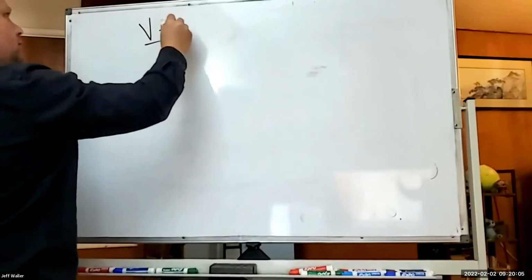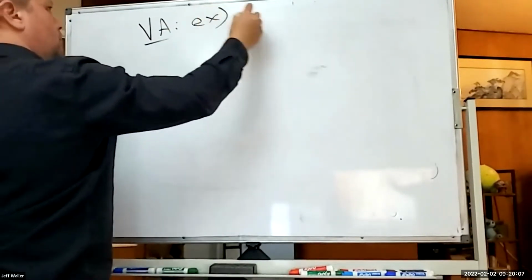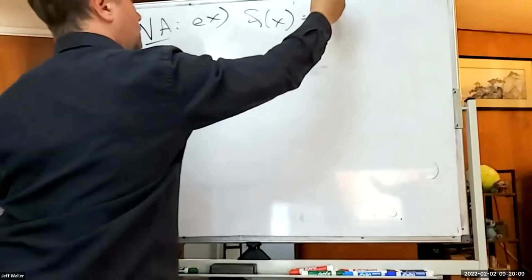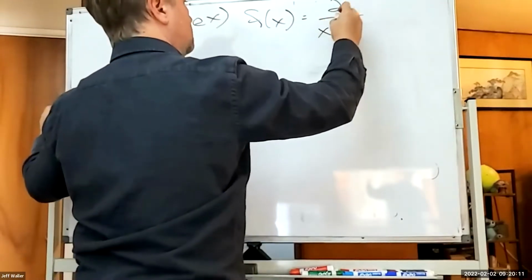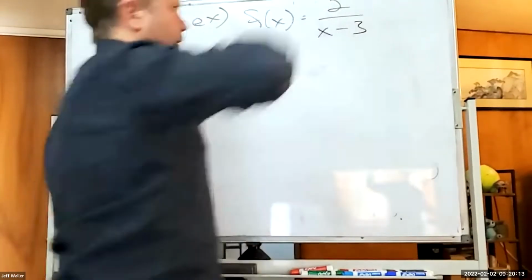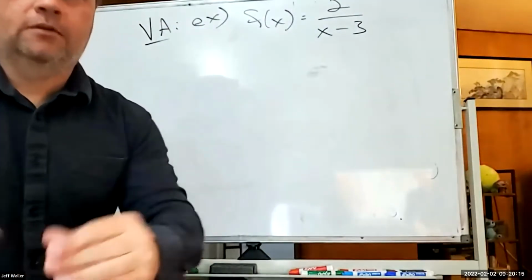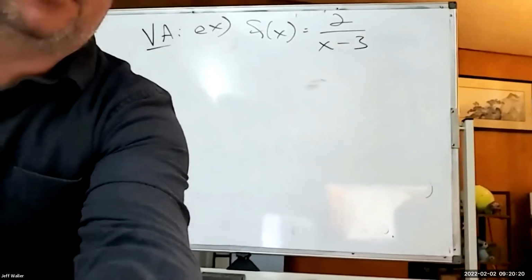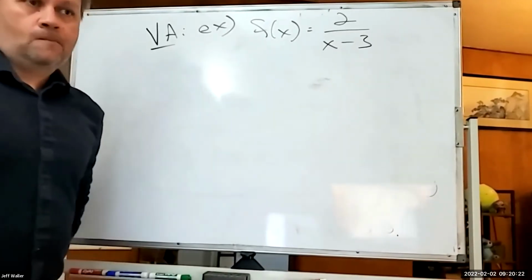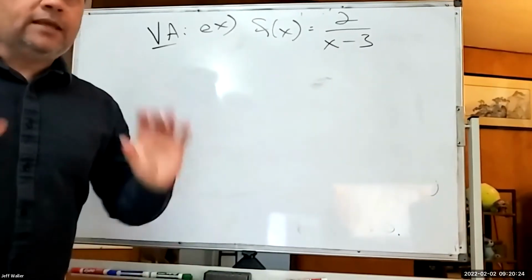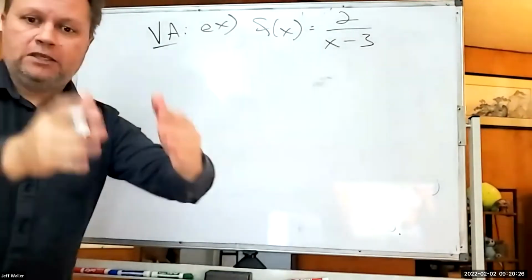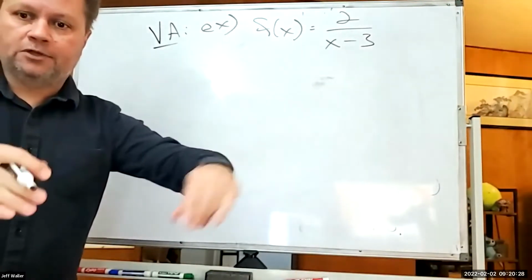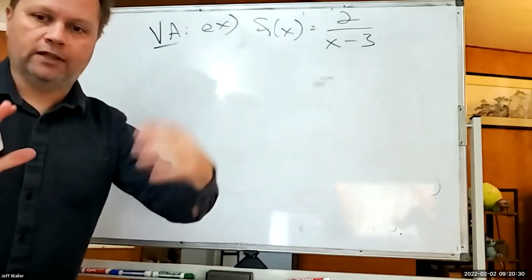Vertical asymptotes. So for example, let's start off really nice. What's the idea? Well, first off, can anybody just tell me what the vertical asymptote is for this guy? 3. Yes, and more specifically, x equals 3, right? Because the vertical asymptote is a line, so it has to have an equation of a line.